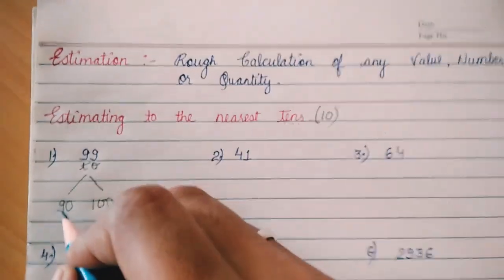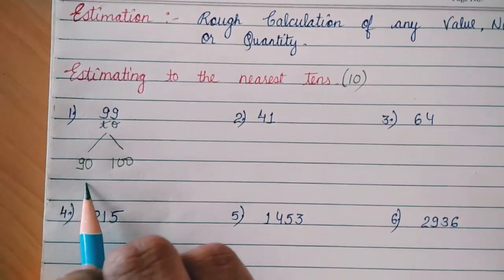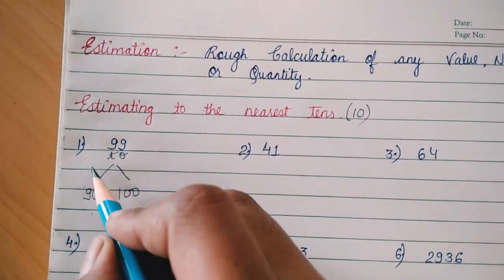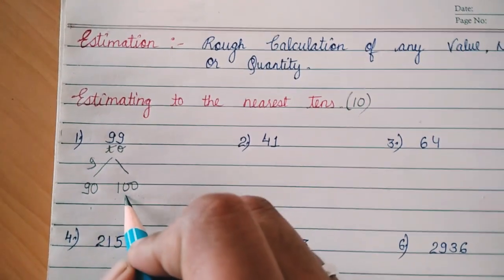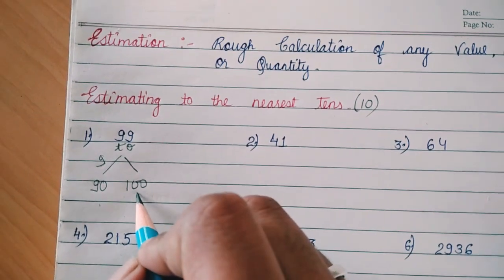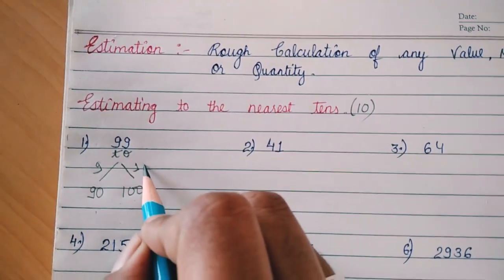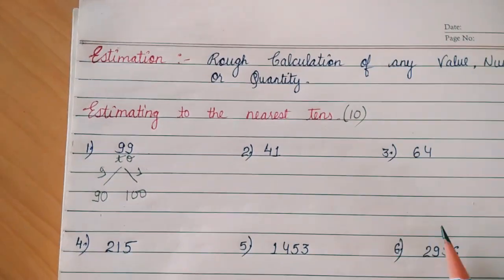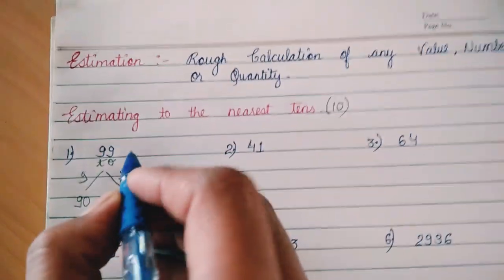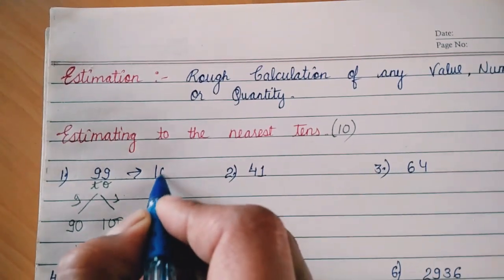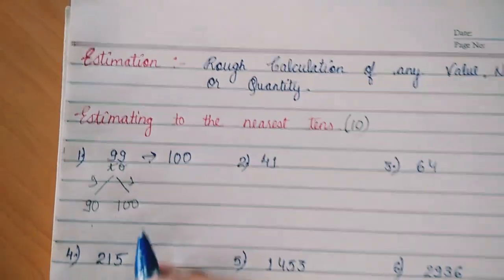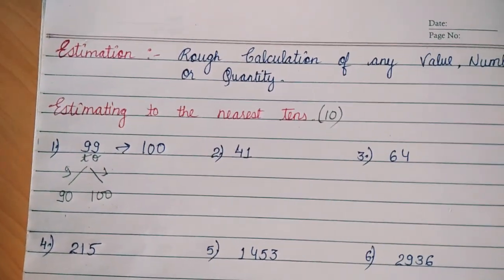So when we look at 99 from 90, we need to take 9 steps. And when we look from 100, we have to take only one step. So which step is nearest? Only one step is nearest. So our 99 will turn into 100 after estimating it to the tens.